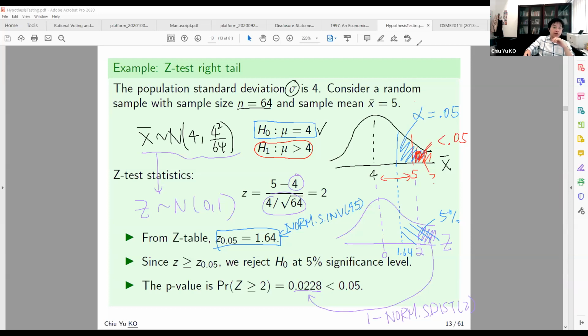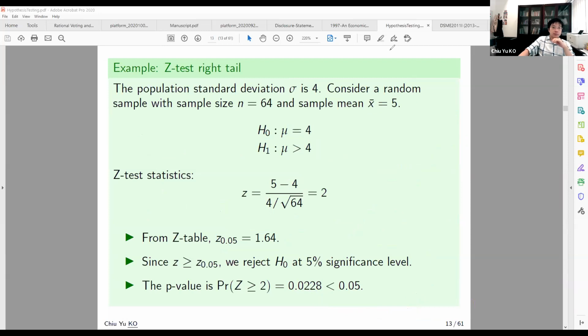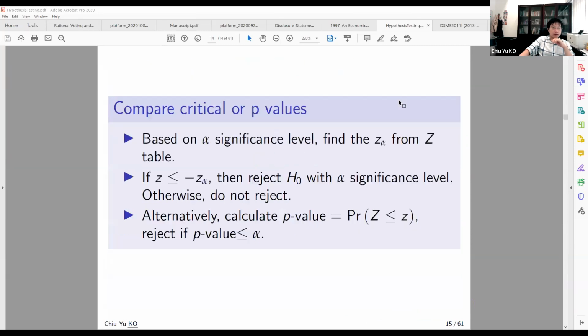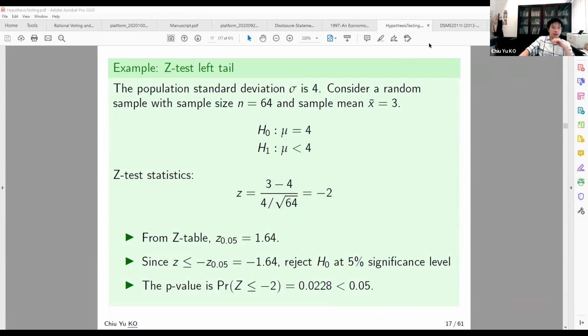This is something we covered last time. Similarly, we have the question with less than. It's the same question: sample mean, population variance, and sample size. Now the null is equal to 4. Again, the question is, if the null is true, this is 4, this is 3.